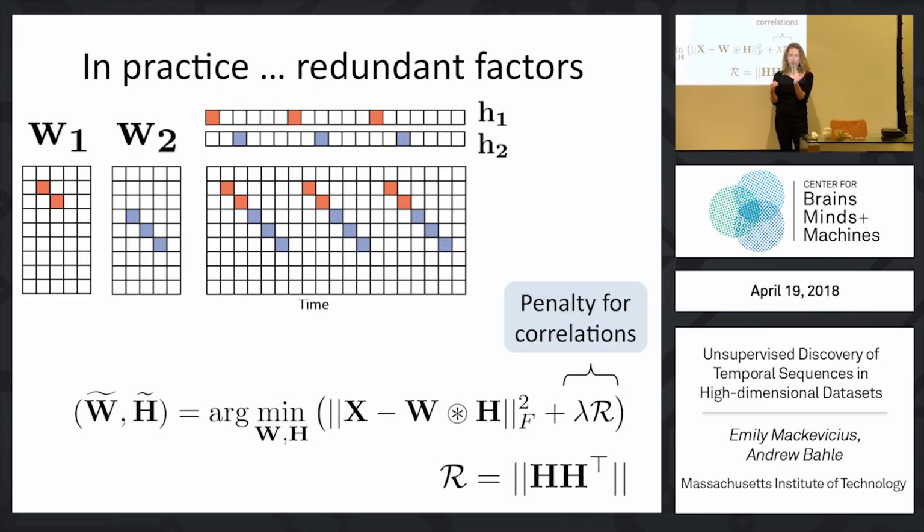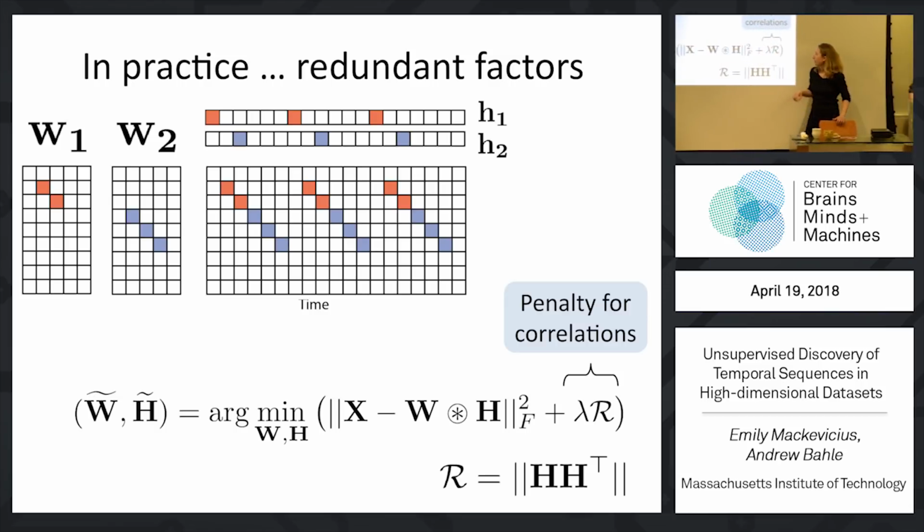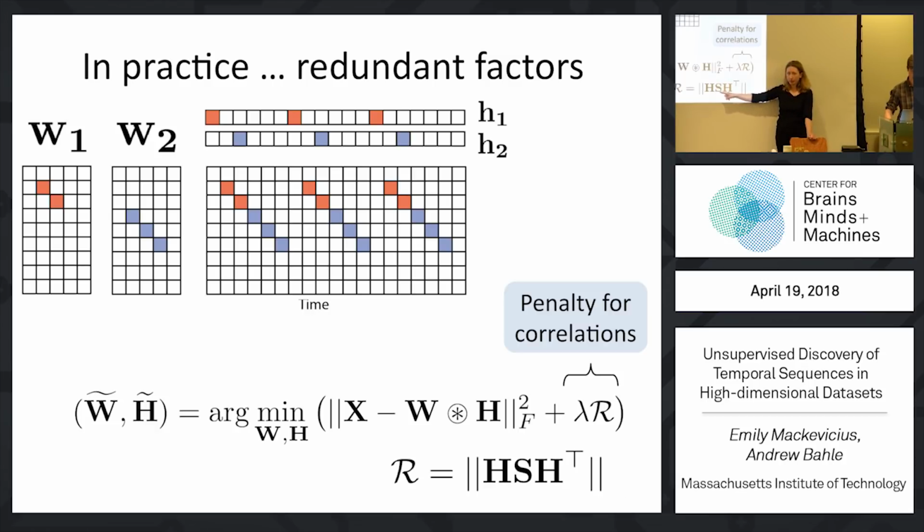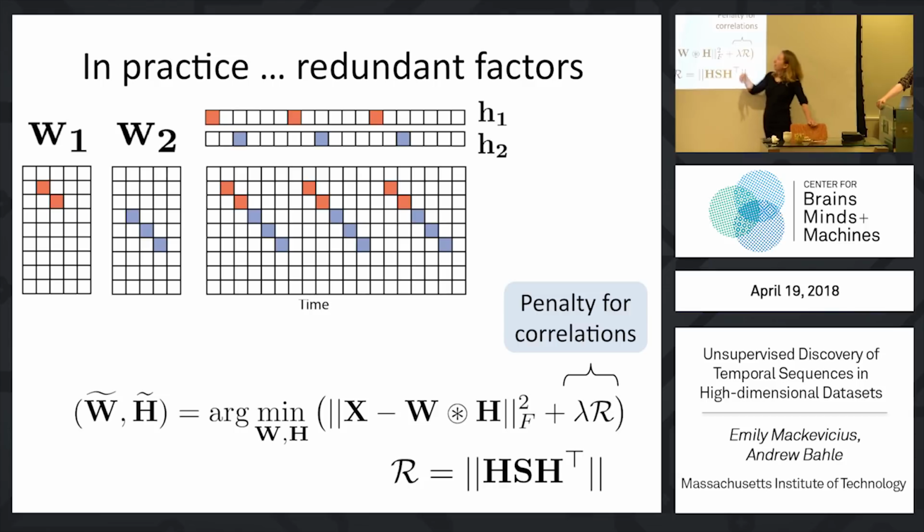It doesn't capture cross correlations that happen at some delay, like these. So you miss that. The first thing we tried to get around that is adding a smoothing matrix. If a smoothed version of H is correlated with H, that would capture this type of correlation.